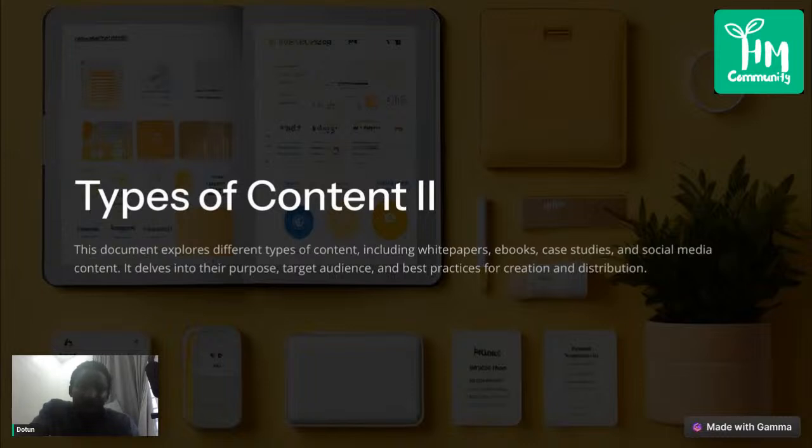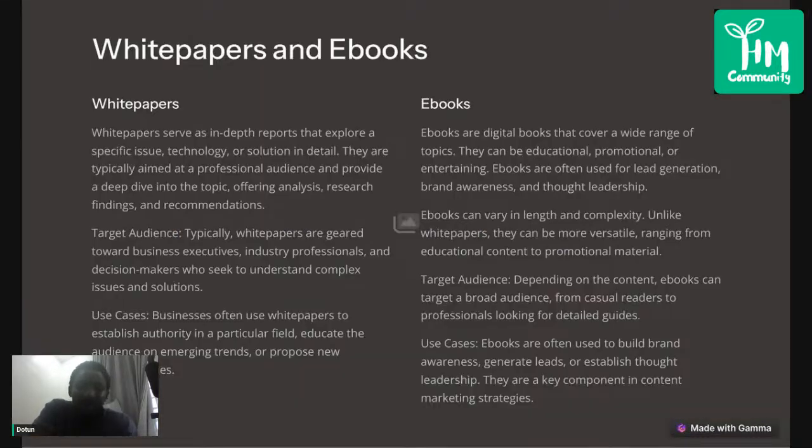The purpose of this conversation is to share insights on their purpose, what these types of contents are, how to create them, as well as how to go about using them, right? So first, we'll talk about white papers and ebooks.